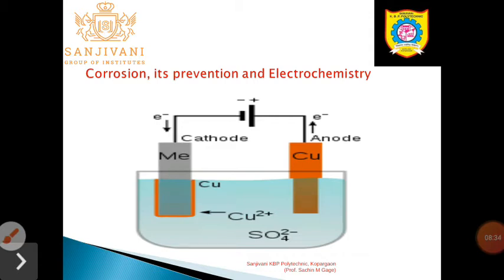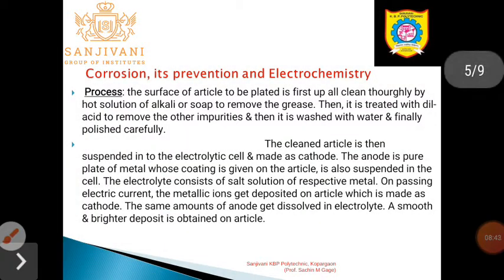So we are going to pass the electrical current from the source into the electrolyte. Let's see the process. The article which is to be plated, we first clean thoroughly, because the article may contain grease or dirt. So we subject that article to a cleaning process.